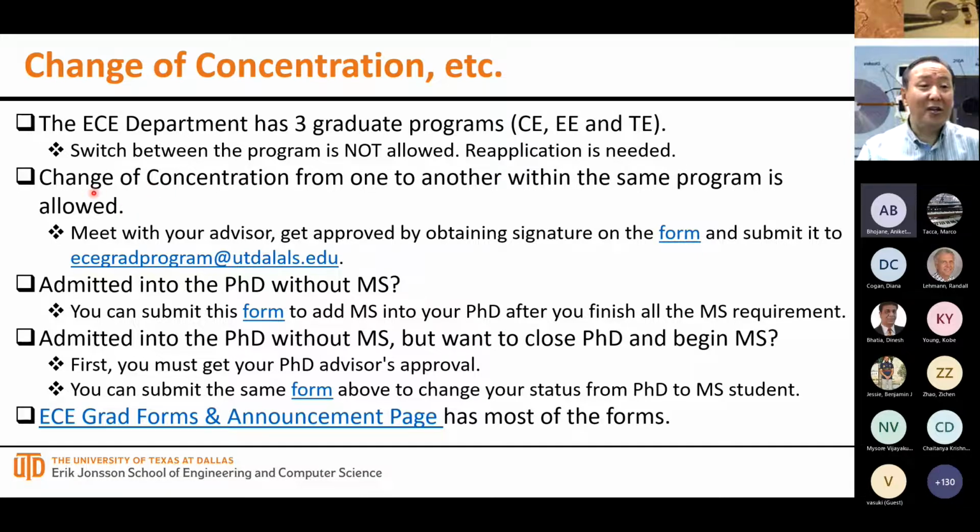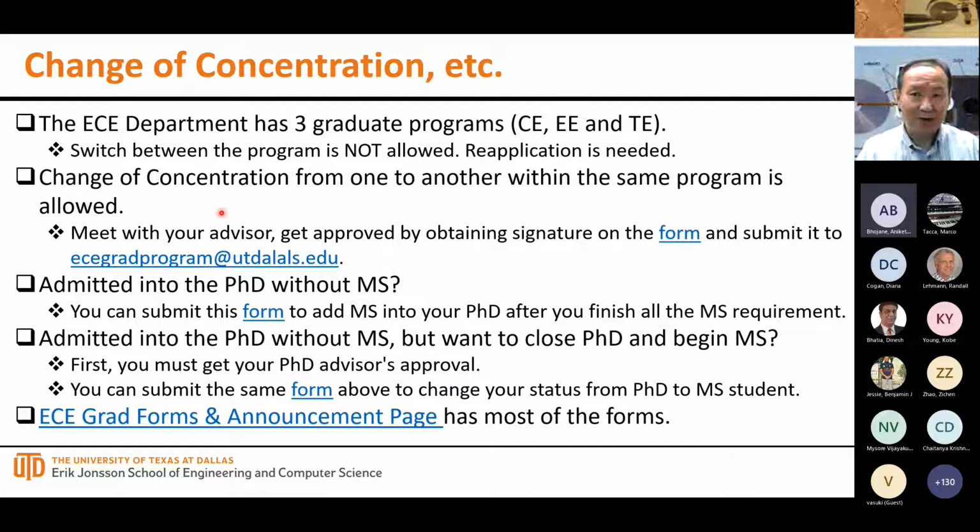Having said that, change of concentration from one to another within the same program is allowed. In electrical engineering, there are 5 concentrations. You can switch from one concentration to another. In computer engineering, you have 2 concentrations. You can switch back and forth, okay?